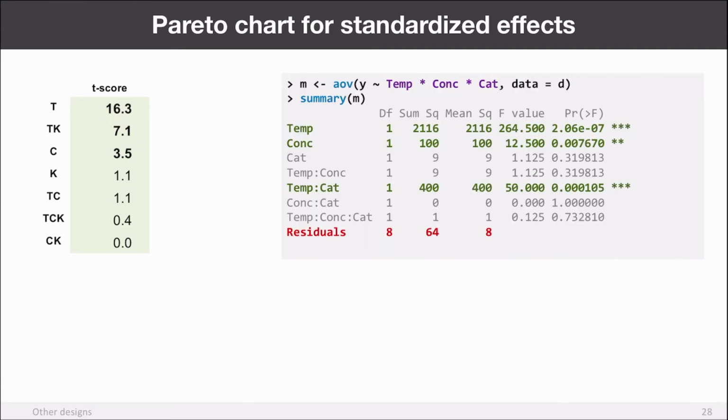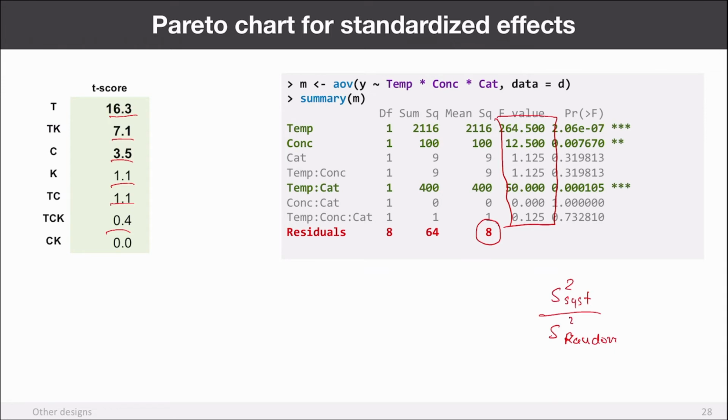And then you remember that we can also do the same things in ANOVA. You remember that ANOVA is like a generalization of the t-test, right? At least I showed you how to calculate the standard error based on the residual variance like this. However, in this case, you can also get all the standardized effects from the F values, because remember what an F value is: it's the ratio of two variances, the systematic variance and the noise variance, the random variance, right?